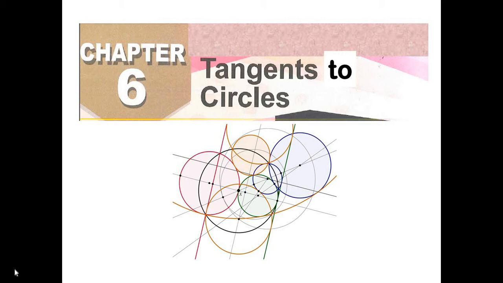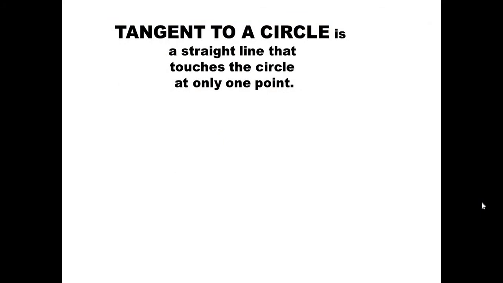Today we're going to continue our next subtopic, tangents to circles. Now, what is a tangent to a circle? A tangent to a circle is a straight line that touches the circle at only one point, right?